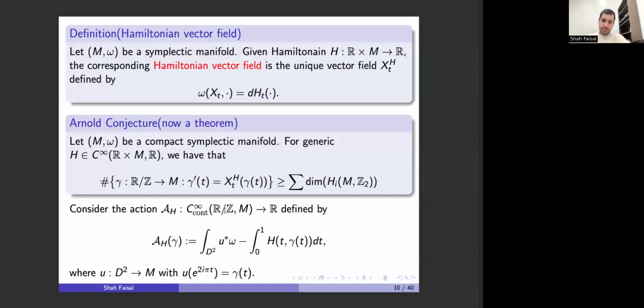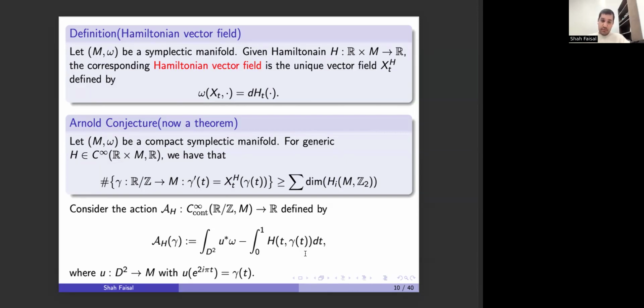if you take the space of smooth loops on M which are contractible, then you can define the action by taking a loop, taking a smooth disk with that loop as boundary, and integrating the symplectic structure via the pullback over the disk, minus integrating the Hamiltonian over the orbit.